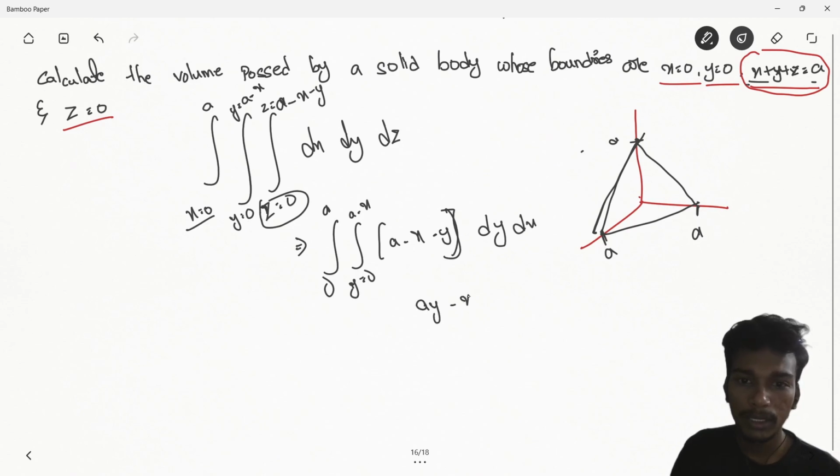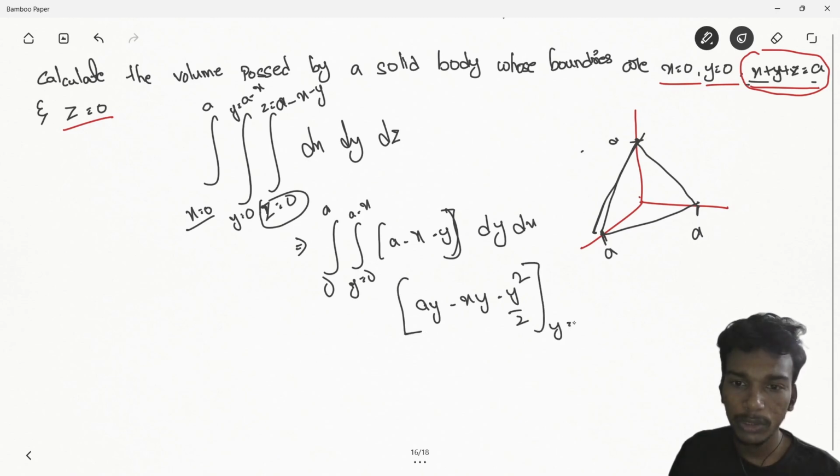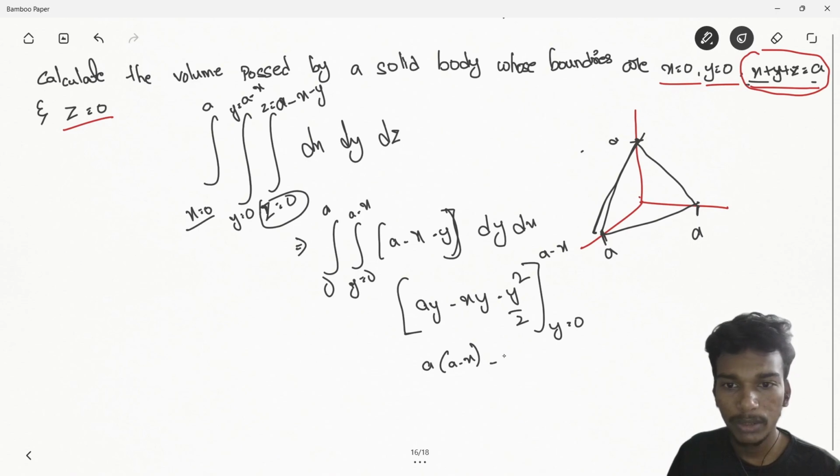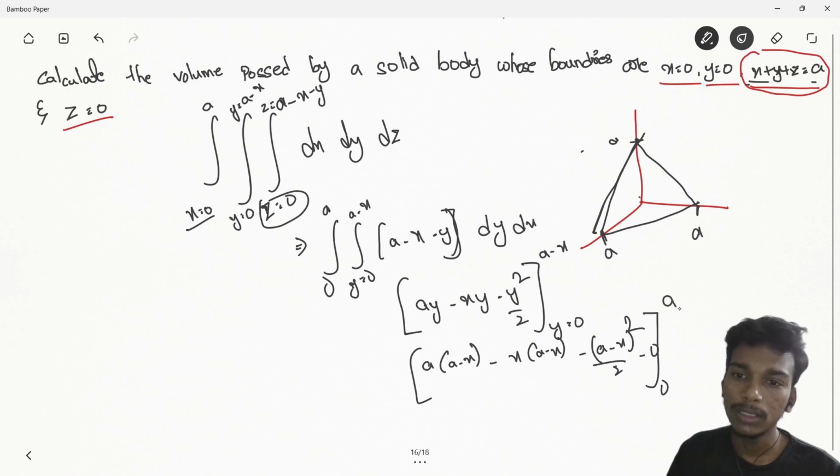We get ay minus xy minus y square by 2 between the limits y equal to 0 to y equal to a minus x. Now just put in the y values: a into a minus x, minus x into a minus x, minus a minus x whole square by 2, minus 0. I'm not going to consider those, and I keep the limits as 0 to a.